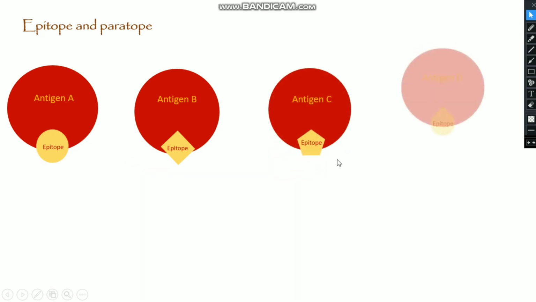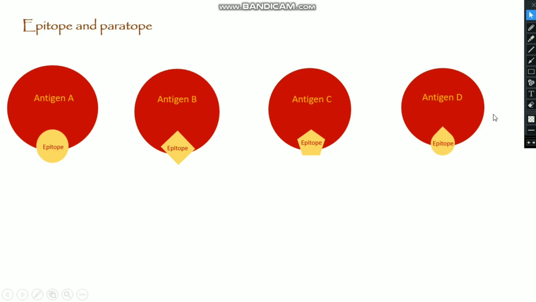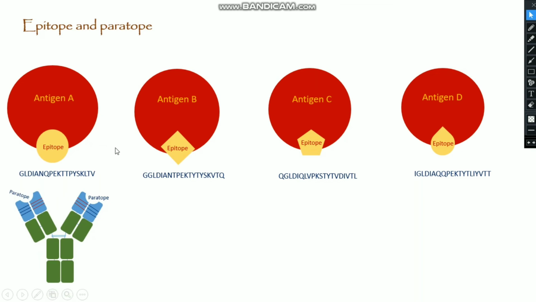And also, you see there are 4 different kinds of antigen, but the epitope structure is different in all cases. The amino acid sequence of the epitope is also changed, it's not the same. And against each specific kind of antigen, there is a specific kind of antibody.